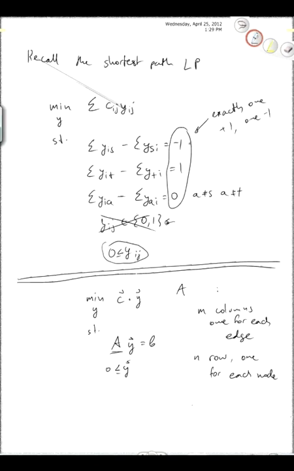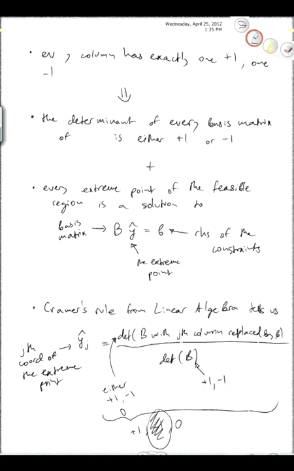When we created this LP, we were talking about sending one truck from S to T. But pretty soon we're going to want to send, let's say, 5 trucks from S to T. If we send 5 trucks, these two numbers here would become something like a -5 and a 5. And in the numerator, this determinant, when we replace the column, isn't going to be either +1 or -1, but in general it's going to be some kind of integer.